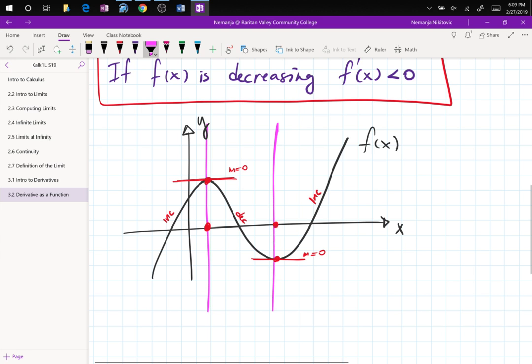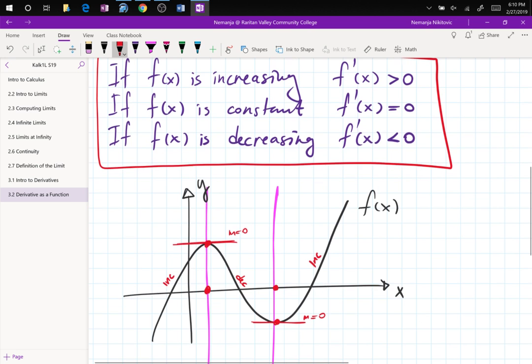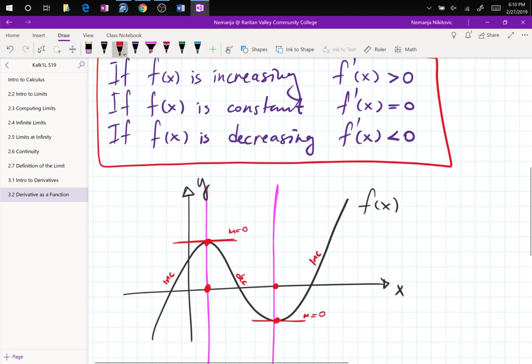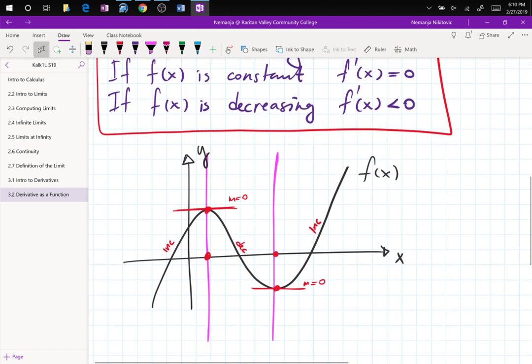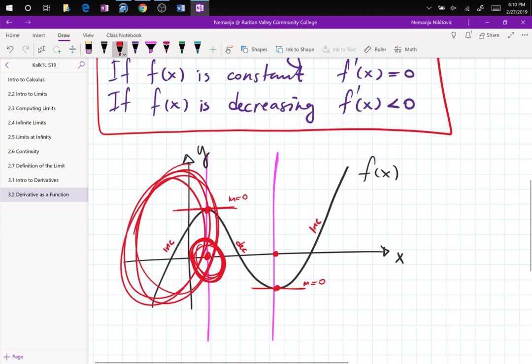These are my guidelines. To the left of the first pink line, the function is increasing, which means that the derivative has to be positive. That is in this box up there, the first line. If the function is increasing, derivative is above x-axis. So, combine the knowledge that you have to go through this point with the knowledge that on this side of the graph, your derivative has to be above x-axis.